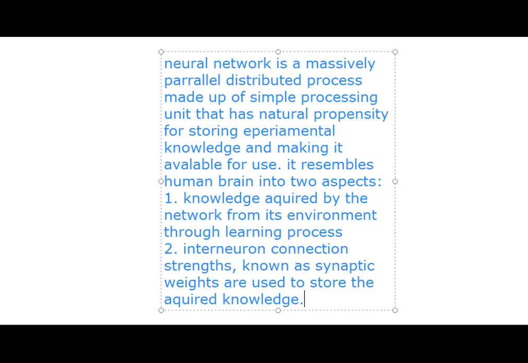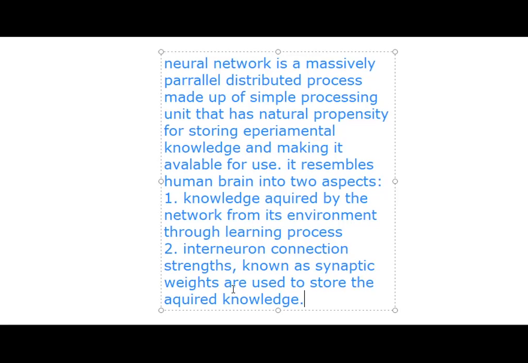The process and procedure used to perform the learning process is known as a learning algorithm. In computer science terminology, when we want to train a machine, it learns through certain algorithms, and these are called learning algorithms. Their function is to modify the synaptic weights of the network in an orderly fashion to attain the desired design objective.